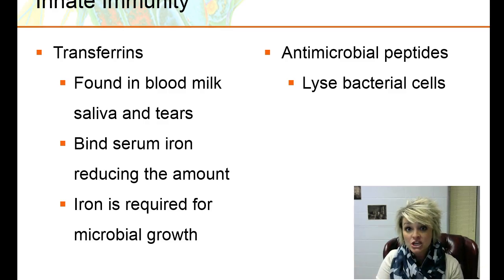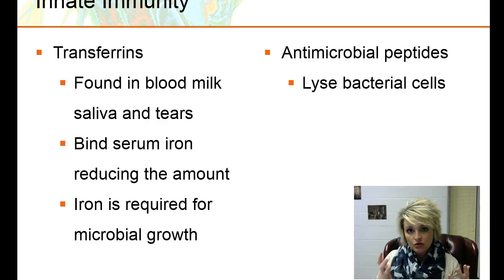Years, not months, years. Not a lot of people here in the United States do that, though a lot of people elsewhere do. But this innate immunity, things in the tears, things in the saliva, things in the blood that are automatically circulating, do play a role in making sure that we're staying healthy.